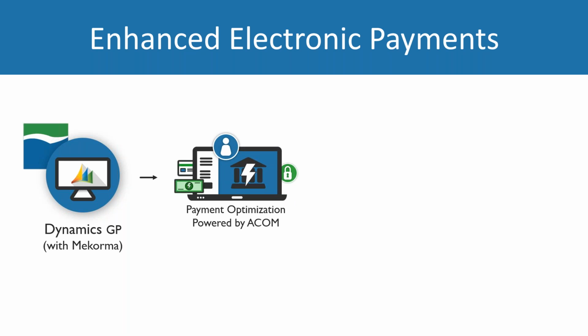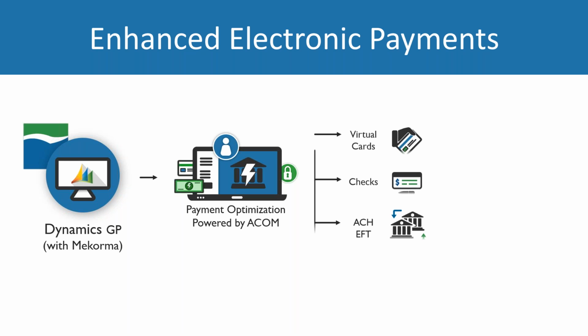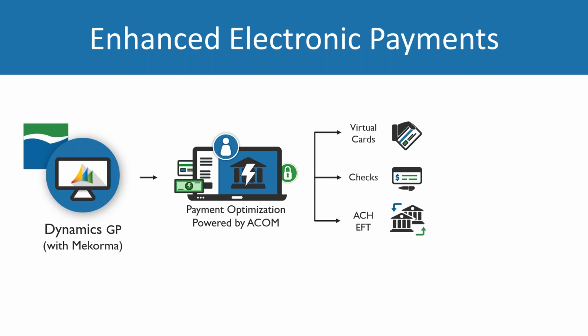These payments are still drawn on your bank account, and all of the check and ACH information is done on your behalf. So this program encompasses all of those payment types. Whether it's processing virtual credit cards, checks, or ACH, we're going to take care of all of that at no cost on your behalf if you qualify for the program.